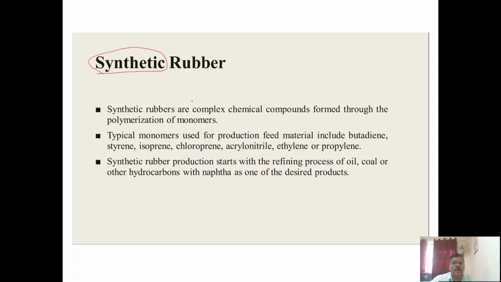Synthetic rubbers are complex chemical compounds formed through the polymerization of monomers. Typical monomers used as production feed materials include butadiene, styrene, isoprene, chloroprene, acrylonitrile, ethylene, and propylene.